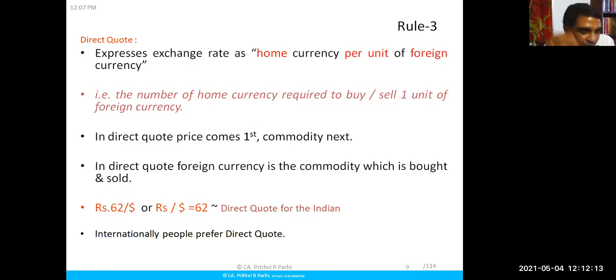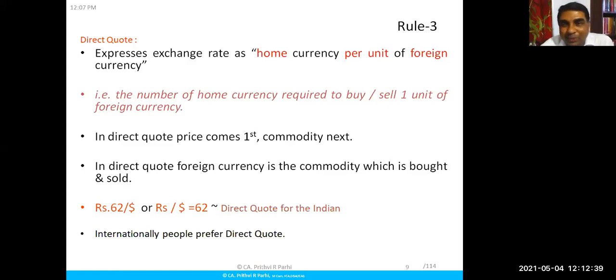Suppose we will be talking about our case. So what is our home currency? What is your home currency? Rupees. Indian rupees. So how much of home currency per unit of dollar? If I say per dollar, you have to pay 72 Indian rupees.